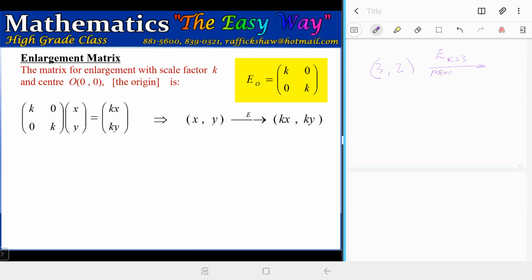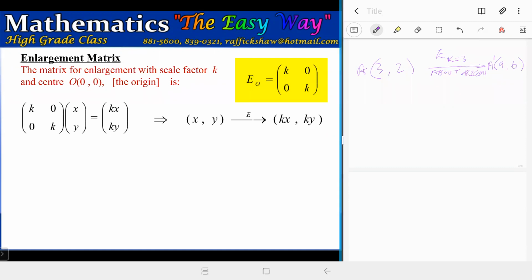Make sure I put in about the origin. Then if this is A, my image A prime, I just multiply the values by 3. Simple as that. It goes to 9, 6. I apply the factor of 3, multiplying the values by 3.